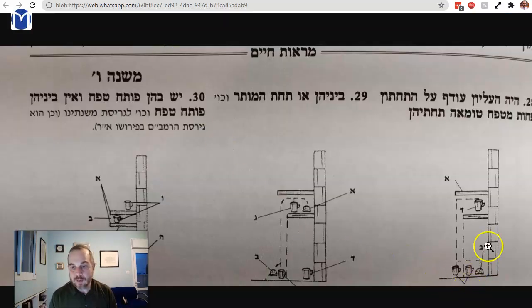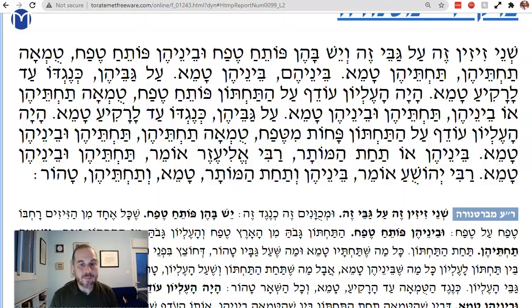If the tumah is either here or here, under the protruding area, but it's less than a poteach tefach, then Rabbi Eliezer says, tachtehem u'beinehem tamei, both under it and between them are tamei. Rabbi Yehoshua says no, beinehem v'tachata motar tamei, v'tachtehem tahor.